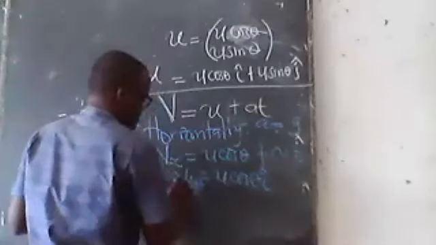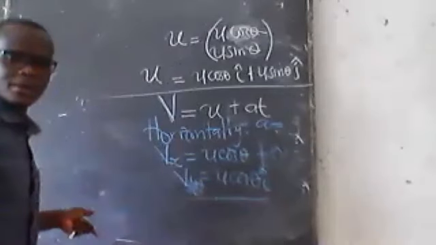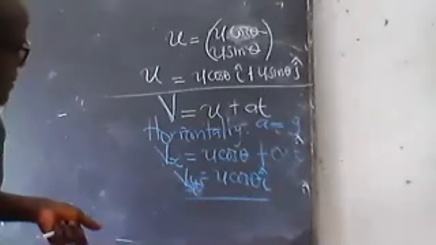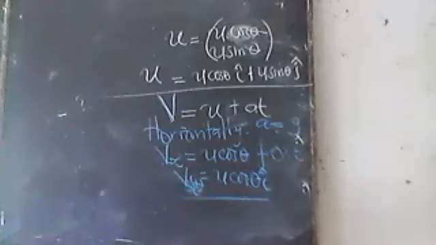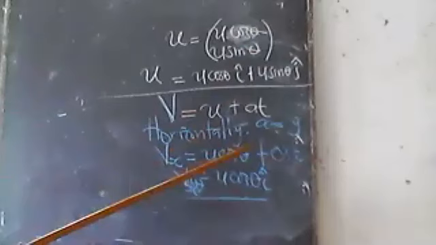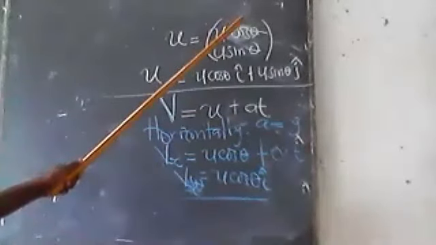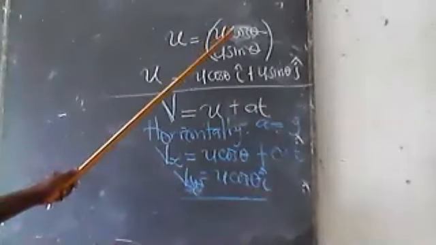We have said that Vx, the horizontal component of the velocity at any time t, has u, the initial velocity. Remember, the initial velocity was given as u cos theta. Is that one okay? Yes. Horizontally, the other time we learned, I don't want to repeat this one, we shall be repeating the whole of the previous lesson, acceleration due to gravity horizontally is 0.